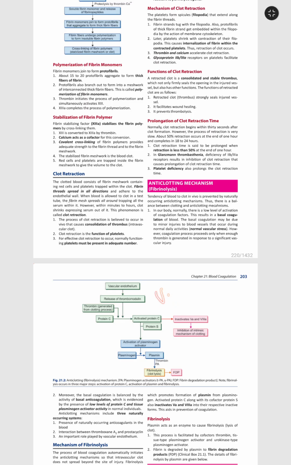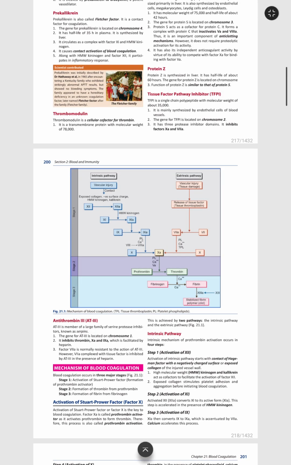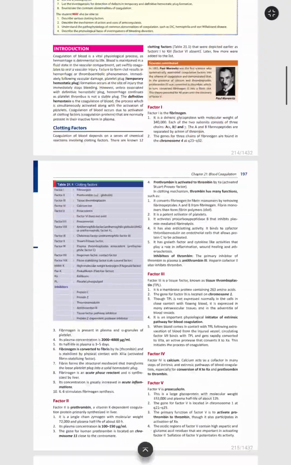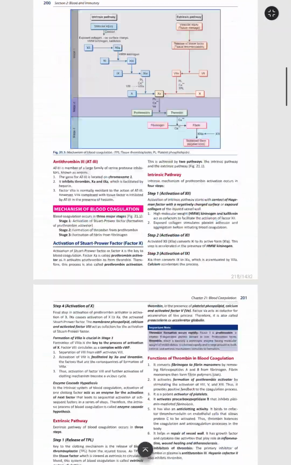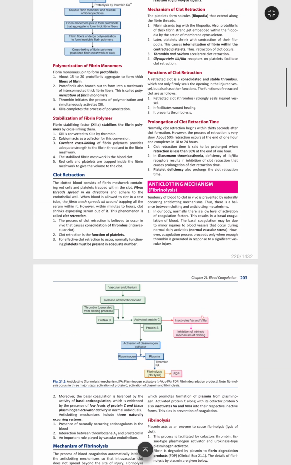So vascular endothelium produces thrombomodulin, and with the help of thrombin they activate protein C, and then protein C, with the help of protein S, basically inactivates the 5th and 8th factors. Now the 8th factor inhibits the intrinsic mechanism of clotting.